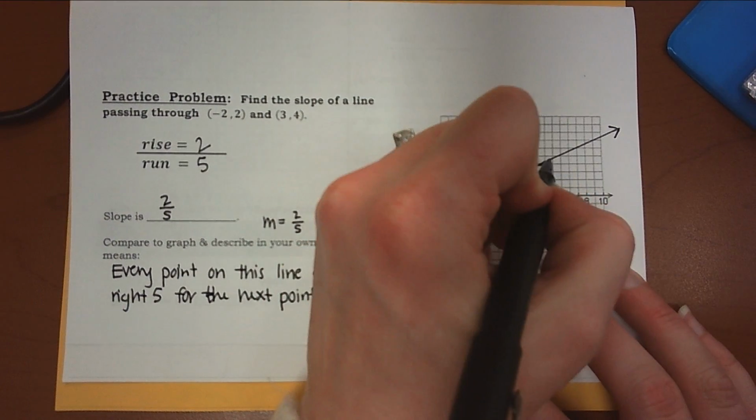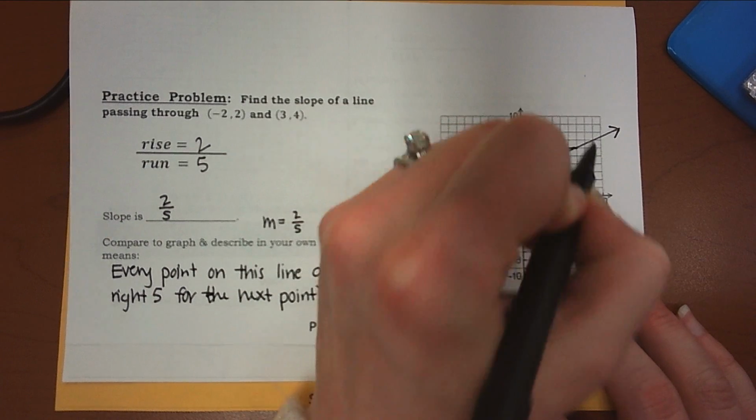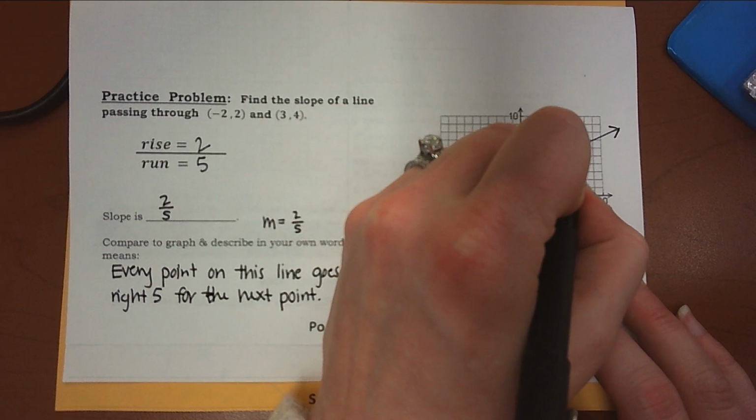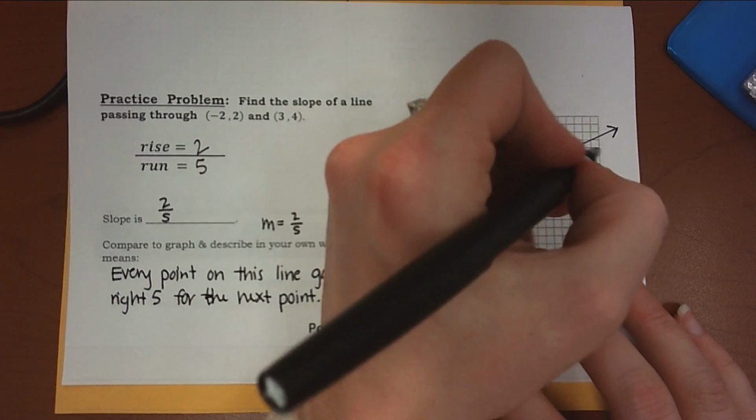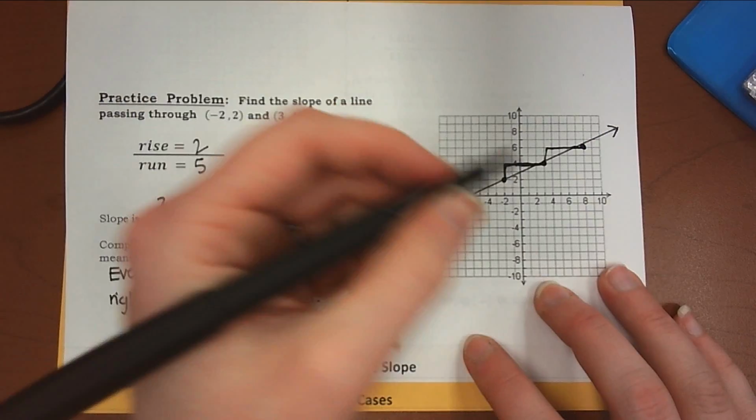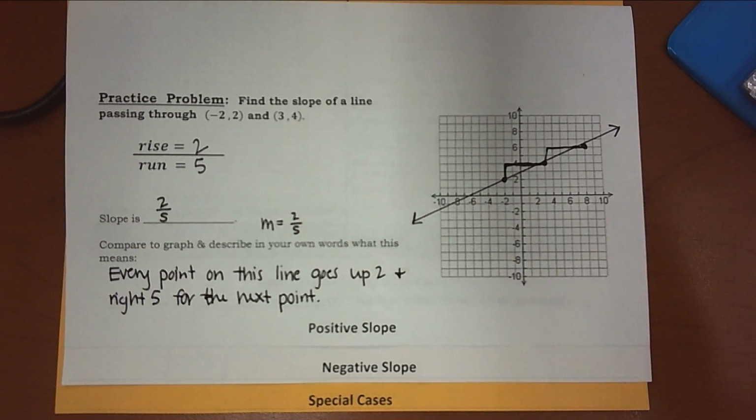So if we continued going up 2 and over 5, that's when we would find 1, 2, 3, 4. And I didn't draw this line perfectly, but this would be the next point on the line. We could continue going up 2 and over 5 to get to our next point, and all of those should fall on that line.